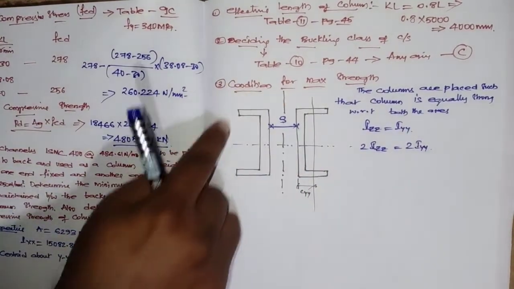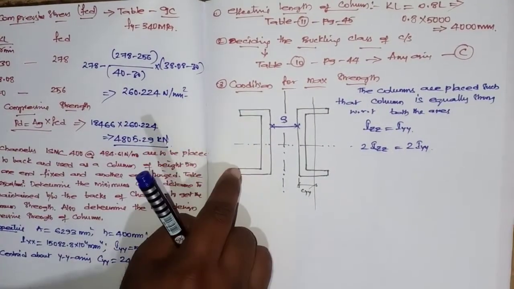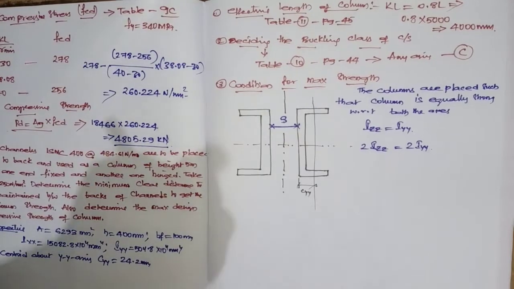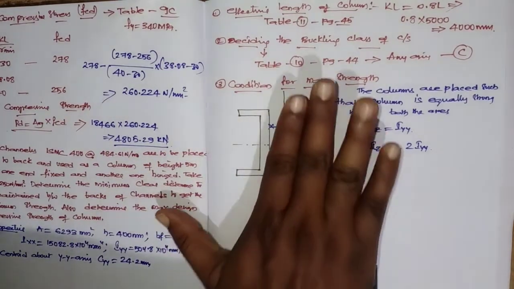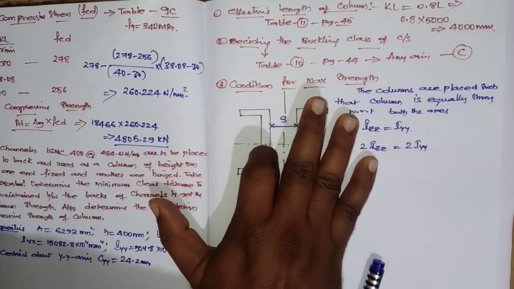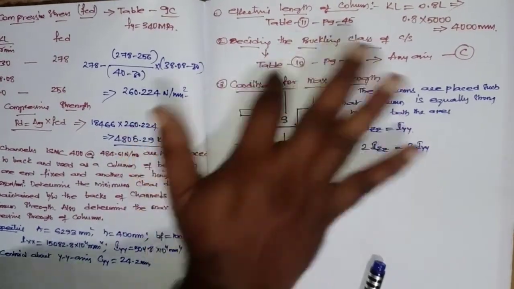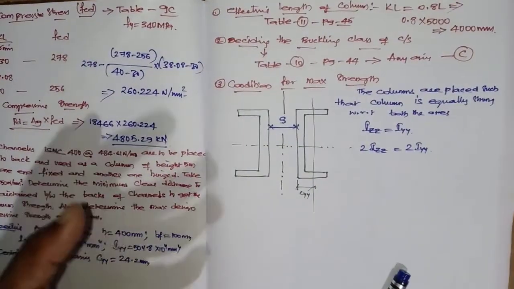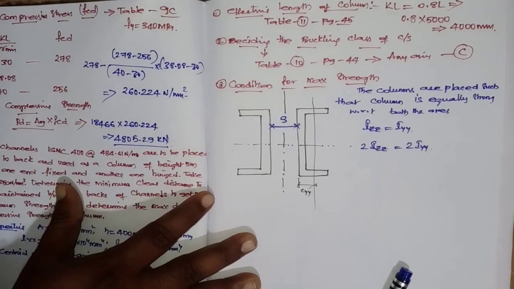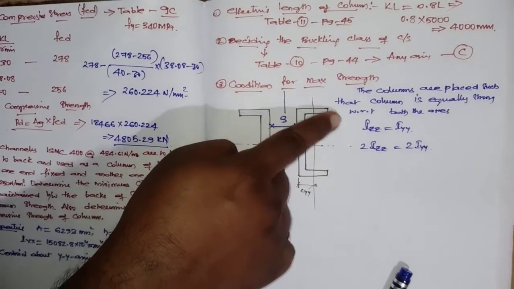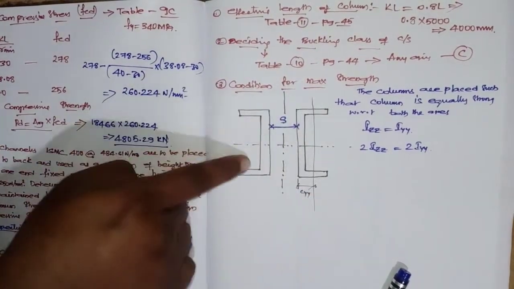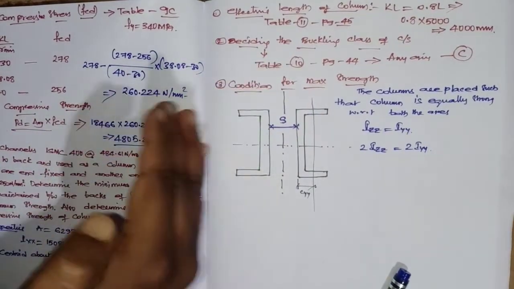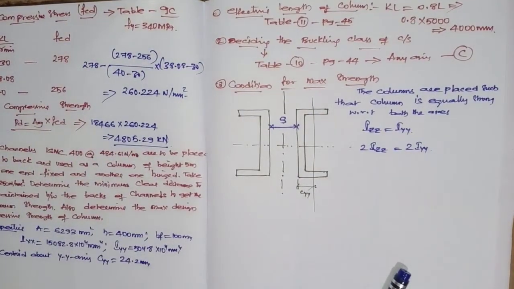If I consider the whole section or an individual channel, the x-axis will remain the same. But when I go for the y-axis, for this channel section it is this, for this one it is this, and for the whole section it is this, means it is varying. In that case, you are supposed to go for the parallel axis theorem.